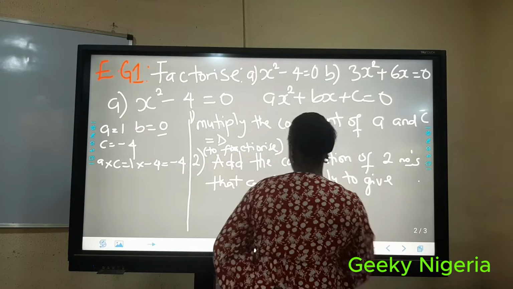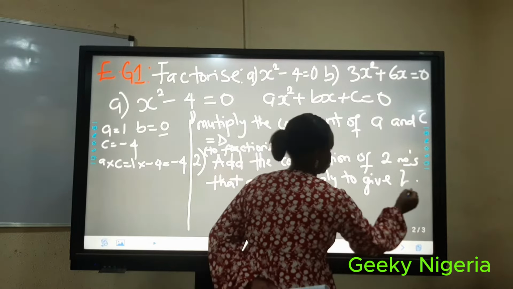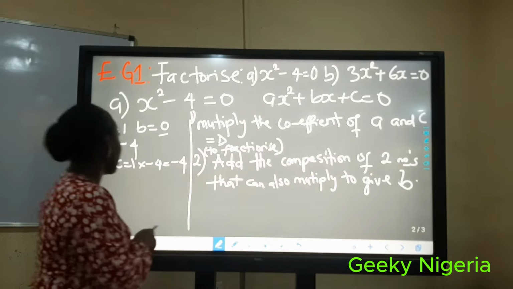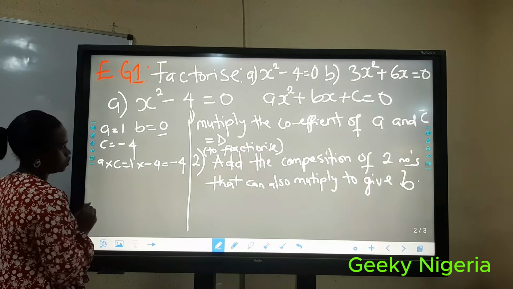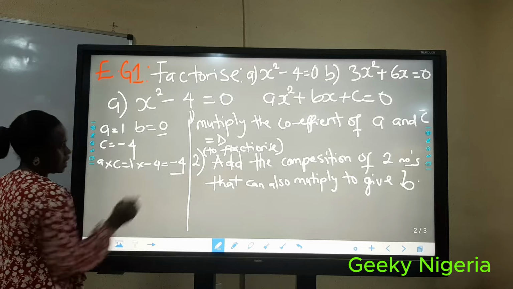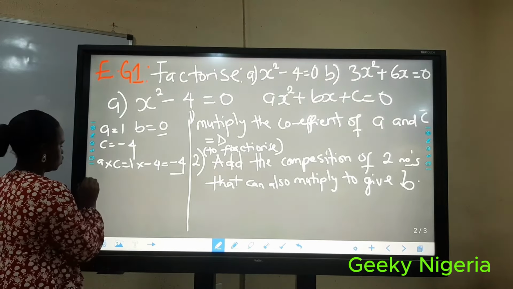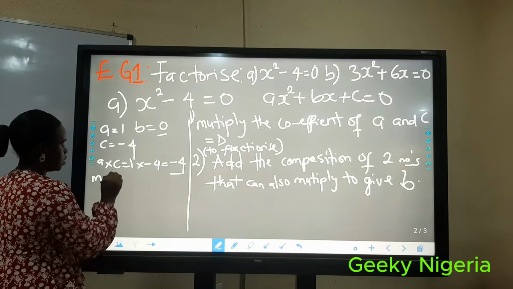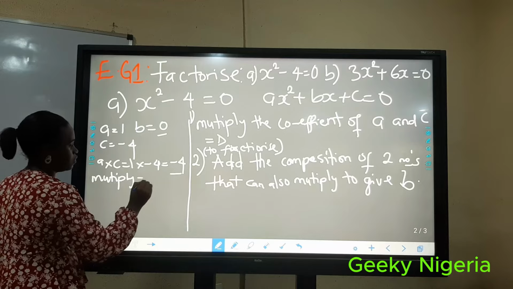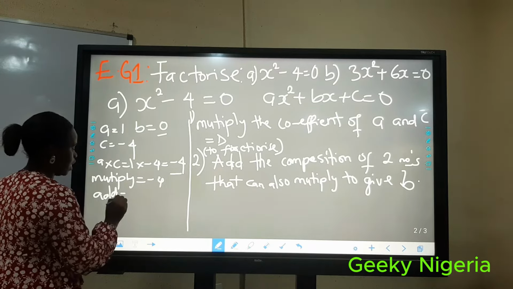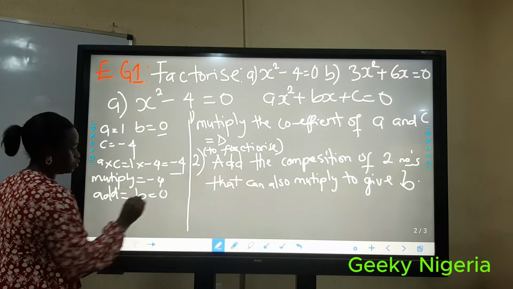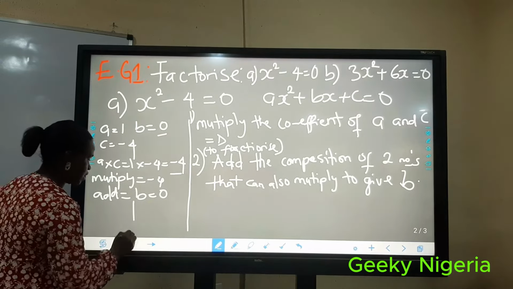Here is supposed to be b. That when you add, it will give us 0. So now look, what are the factors of 4 that can multiply and give us minus 4, and add and give us 0? When you multiply, you have minus 4. When you add, you have b, which is equal to 0. What are the factors? That is how we factorize.